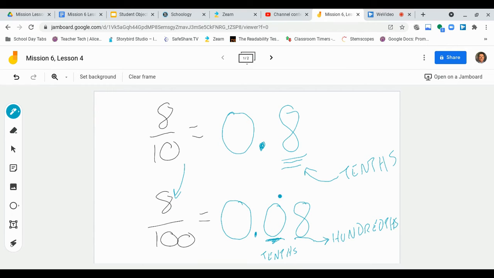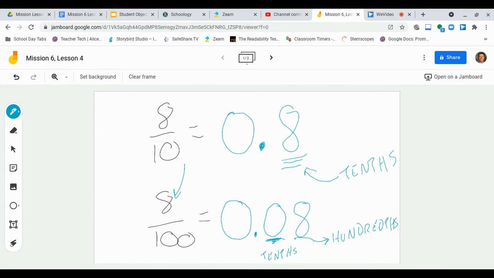And so I had to put a 0 in the tenth spot and then an 8 in the hundredth spot. So the difference, if you look up here, 8/10, well, the 8 was in the tenths spot, which is right after the decimal. Now this is 8 hundredths. So there's a 0 in the tenths spot and then an 8 in the hundredth spot.